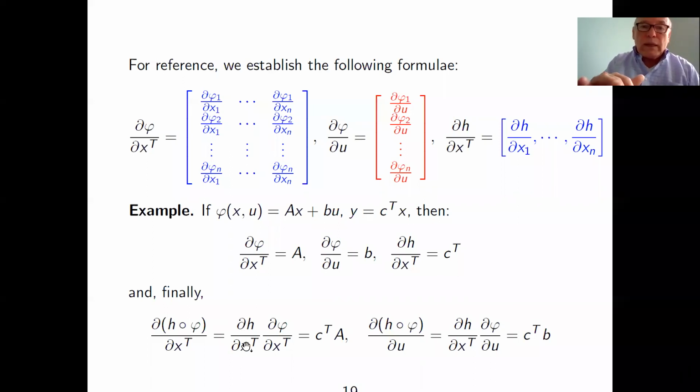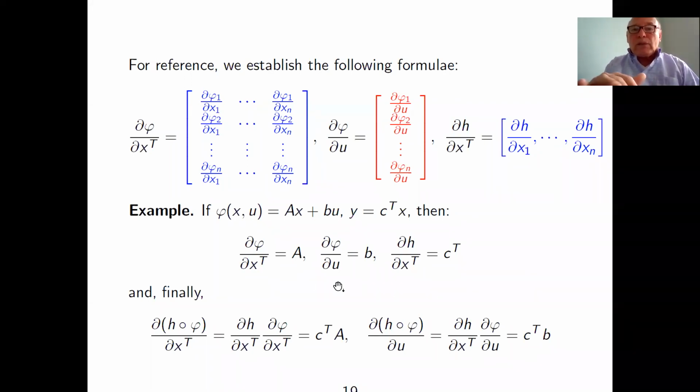So we have to take the derivative of h with respect to x. But internally, the h contains a function of x and u. So the next thing would be to derive this vector function with respect to x, and we will get a matrix. So this partial derivative will be the product of a row vector times a matrix. That gives you a row vector again.